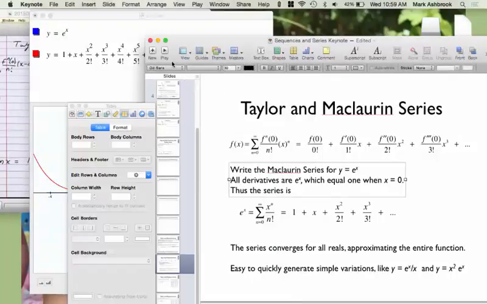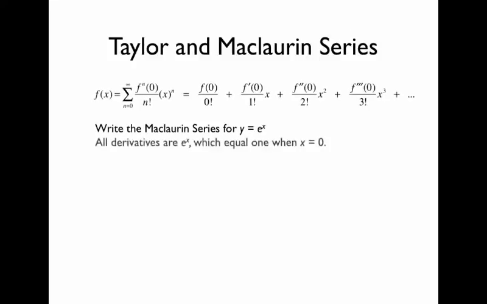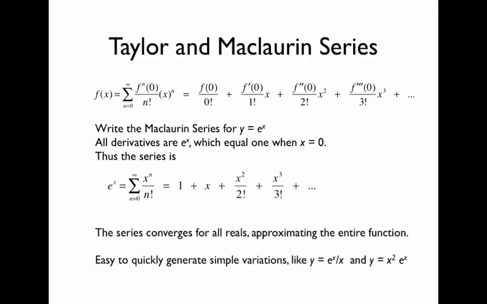So now that we have e to the x as a series, we can use it just like we saw in the example from the homework, where it was 10x times the series for natural log. We can do all kinds of variations.